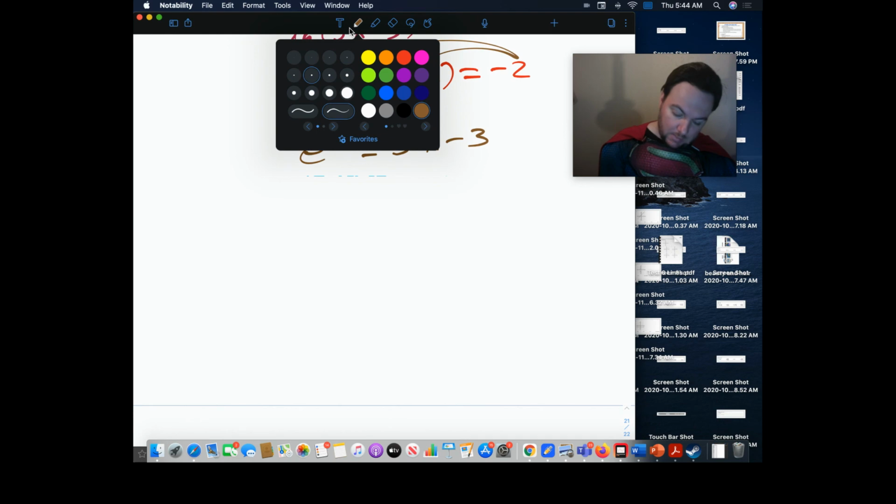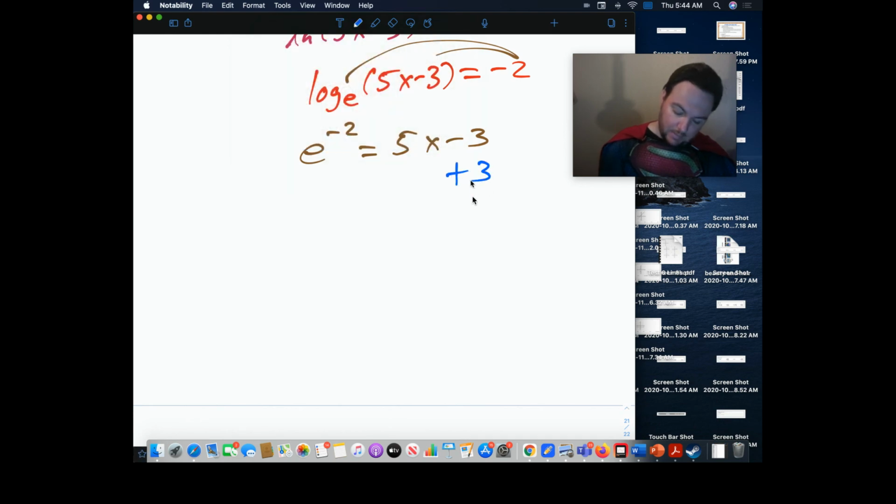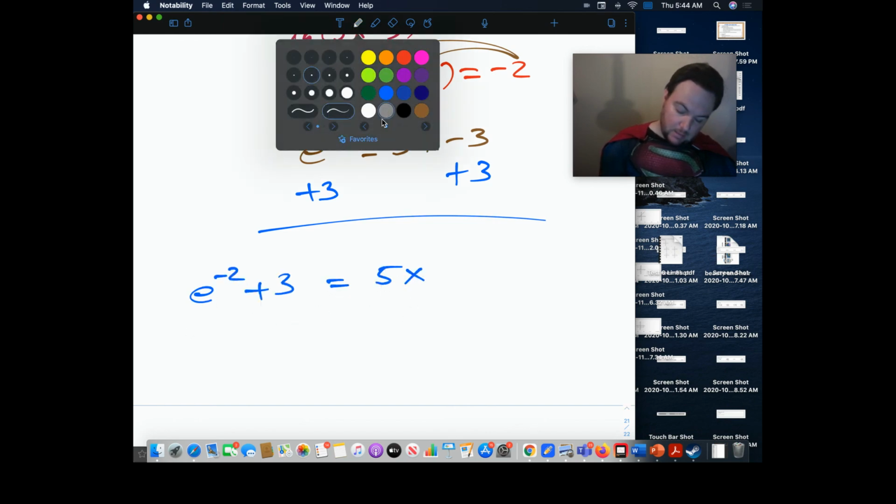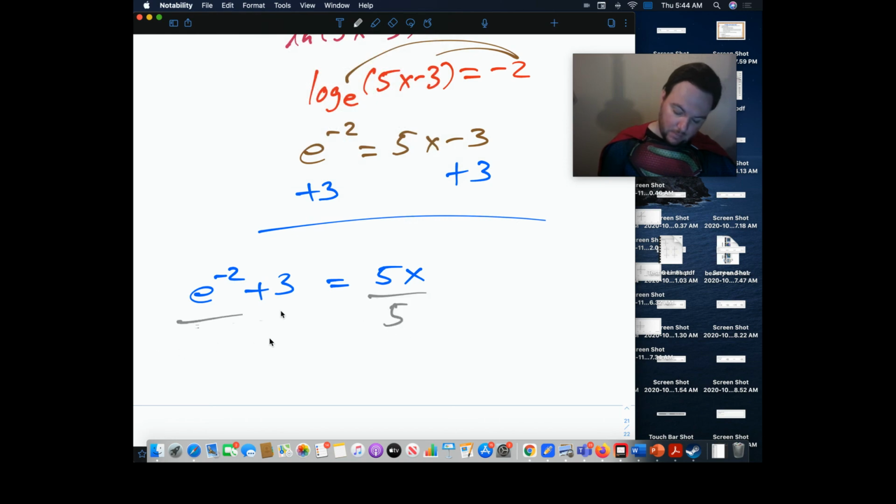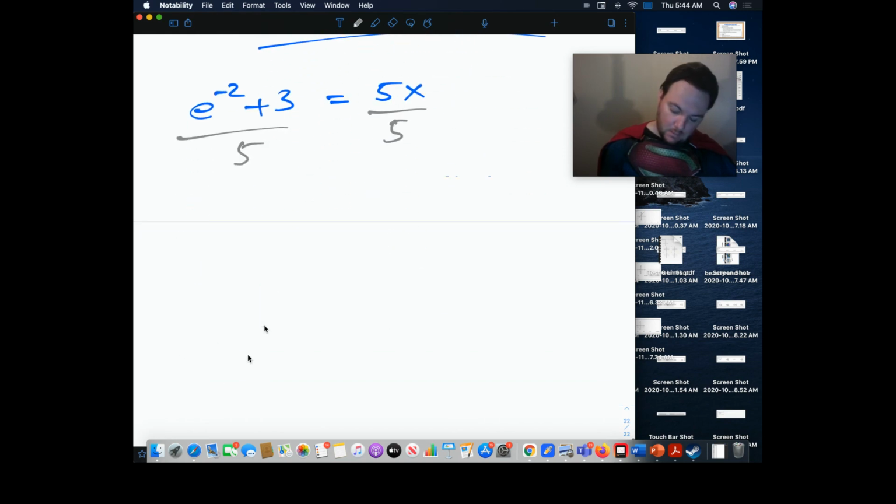I'm just going to leave that e as is. I'm going to add 3 to both sides. So e to the negative 2 plus 3 equals 5x. And then just divide by 5. So x equals (e to the negative 2 plus 3) over 5.